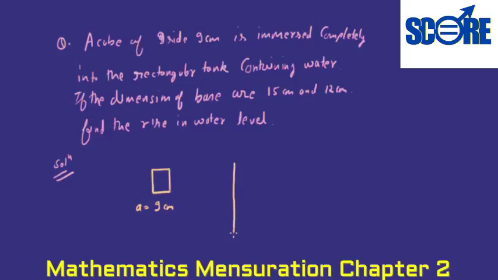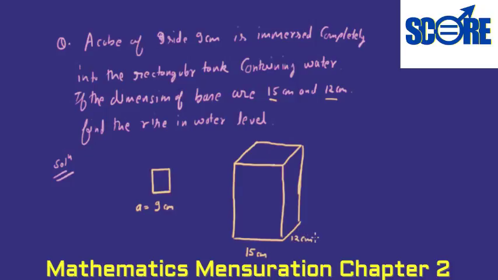Let's draw a cuboid. This is the cuboid, and the dimensions of its base are given to us, that is 15 centimeter and 12 centimeter. So its length is 15 centimeter and the breadth is 12 centimeter.